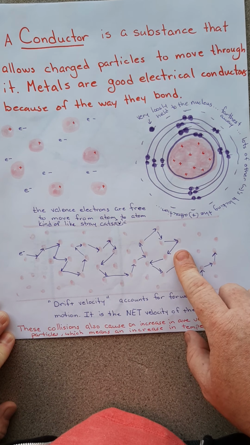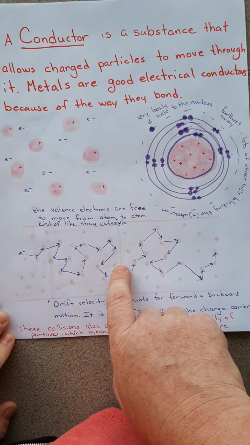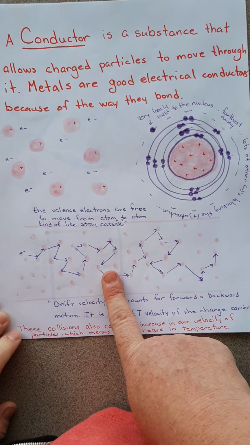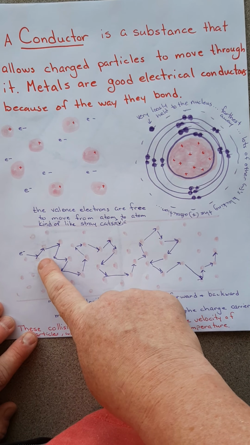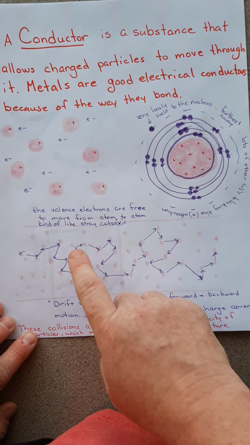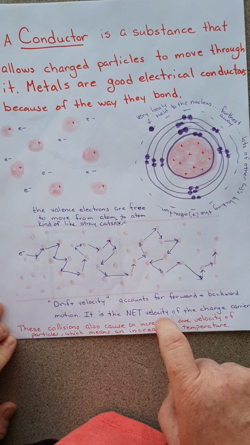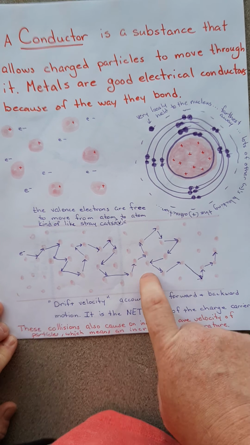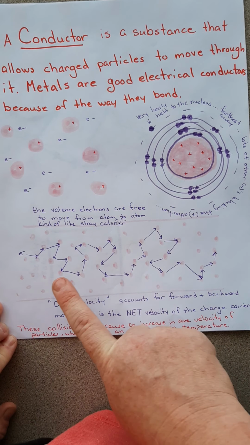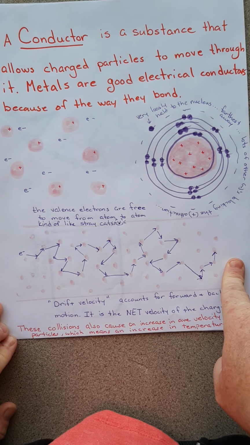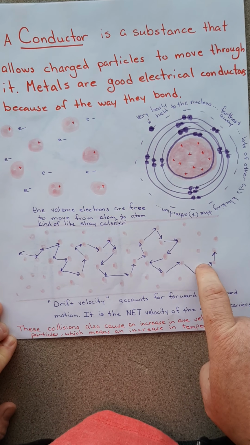If we take the average kinetic energy of all of the particles, that gives us the temperature. So if we're increasing the velocity, we are increasing the kinetic energy, and therefore these collisions mean an increase in temperature within the conductor itself. This is why when we have electricity running through wires, they actually heat up.